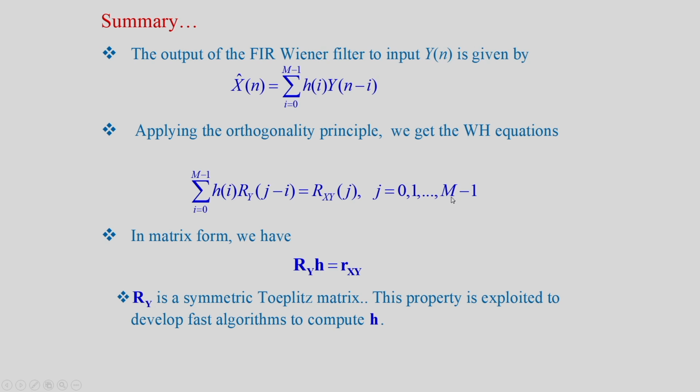M equations are there and there are M unknowns. Therefore, we can solve this set of equations to get the filter coefficients. In the matrix form, we have Ry h equal to Rxy, that is the autocorrelation matrix into the h vector equal to the cross correlation vector. We also observed that Ry is a symmetric Toeplitz matrix, and this property is exploited to develop fast algorithms to compute h.